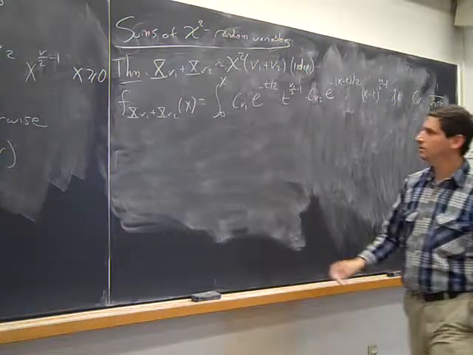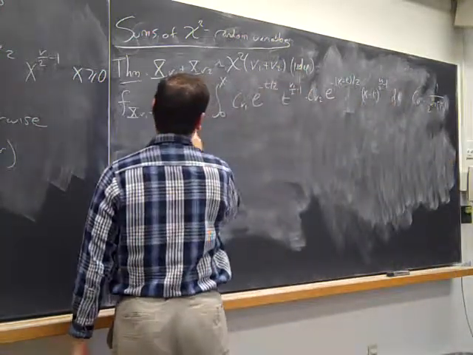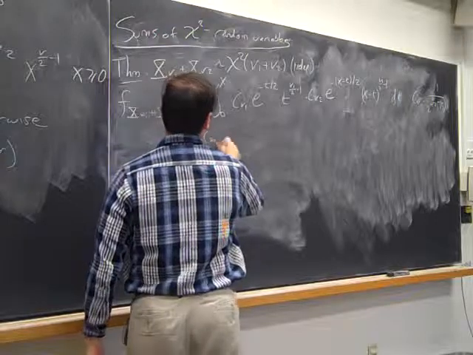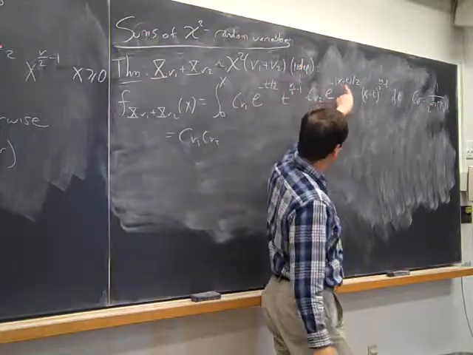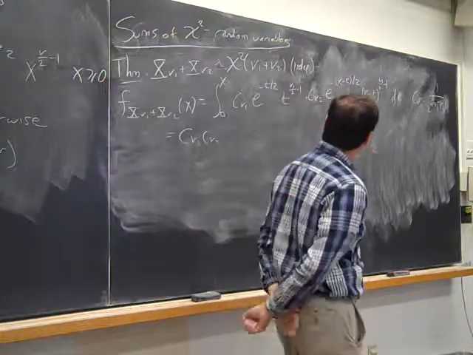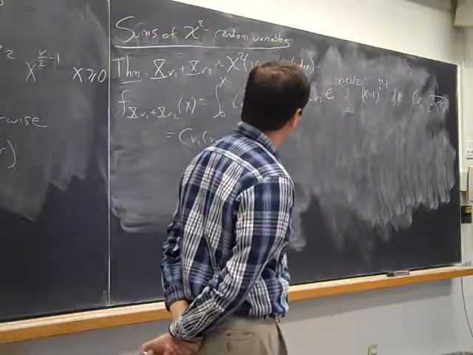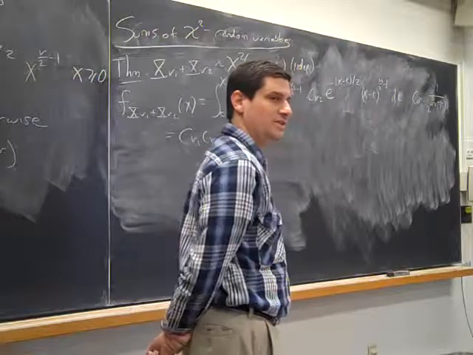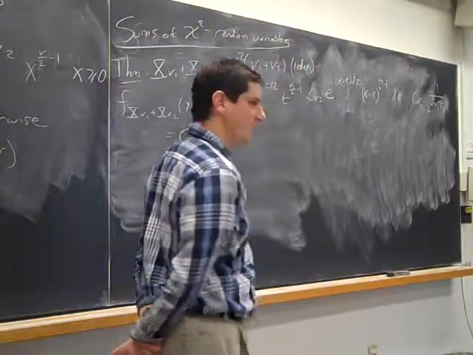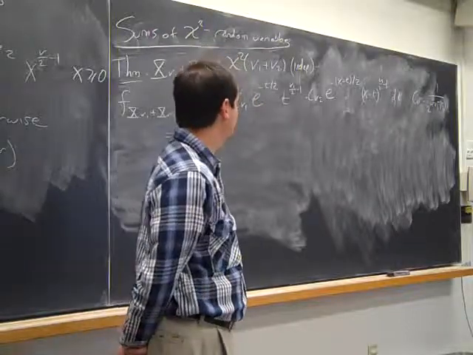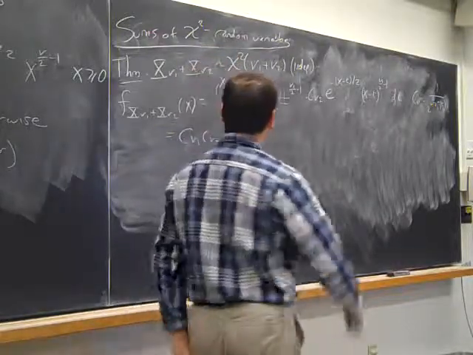All right, this looks like a fun integral. We can pull out c nu1, c nu2. I have an e to the negative t halves, an e to the negative x halves, and an e to the positive t halves. Ooh! The exponentials are really nice, right? The t's cancel, and I can pull out an e to the negative x halves because I'm not integrating with respect to x.